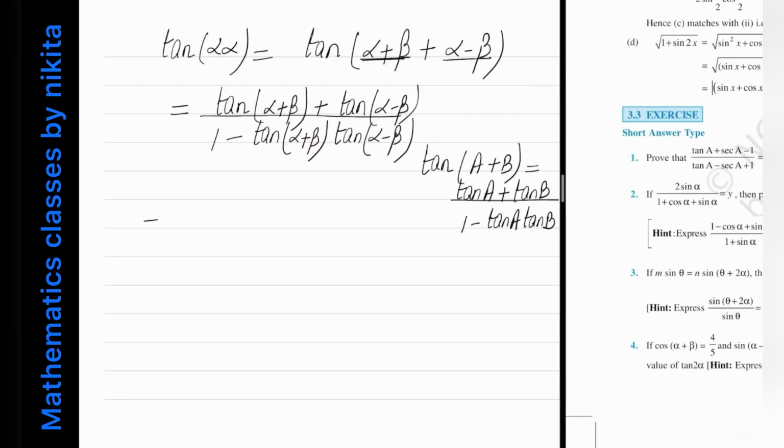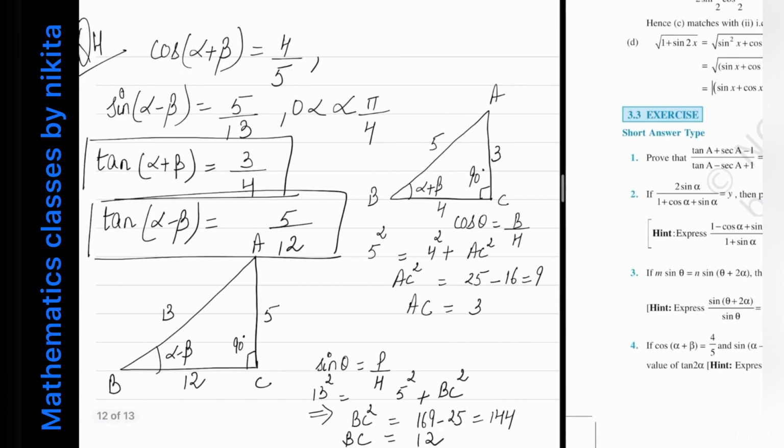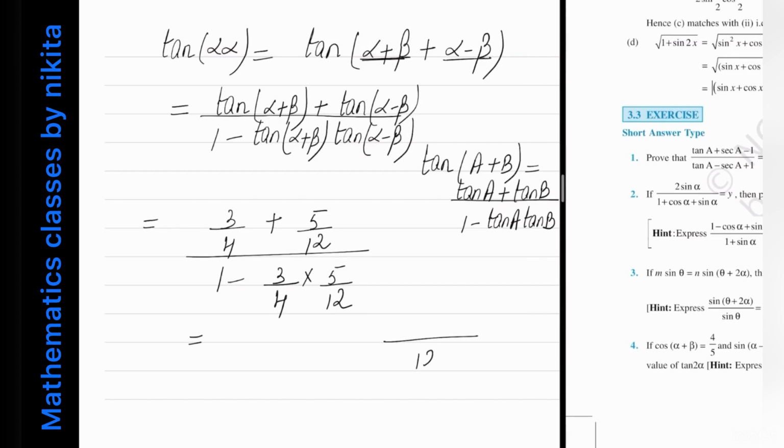So this will be equal to, now substitute the value, tan of alpha plus beta is 3 by 4 and that is 5 by 12 divided by 1 minus 3 by 4 into 5 by 12. Now let's just simplify this. So in the numerator 12 will be the LCM.